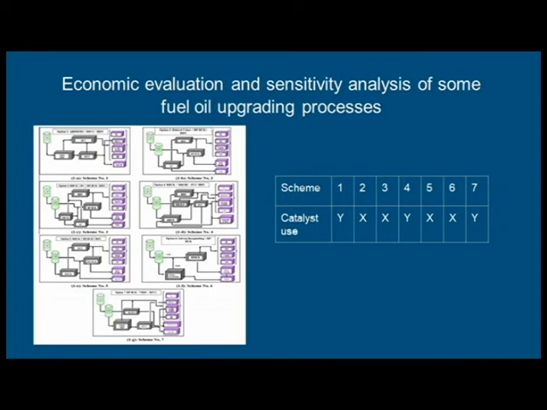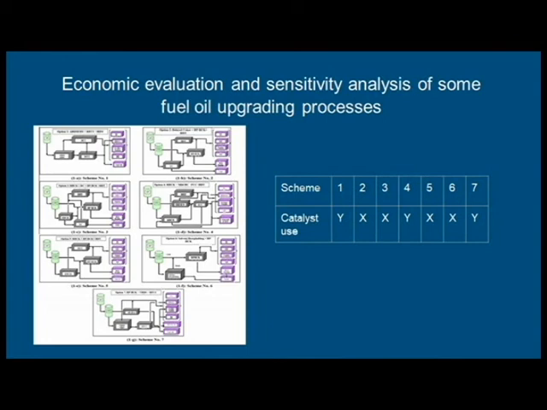Seven upgrading schemes were identified as high distillate production schemes and were proposed and evaluated. Out of the 7 schemes, 3 of them, which are schemes 1, 4 and 7, have at least one catalytic process in them.